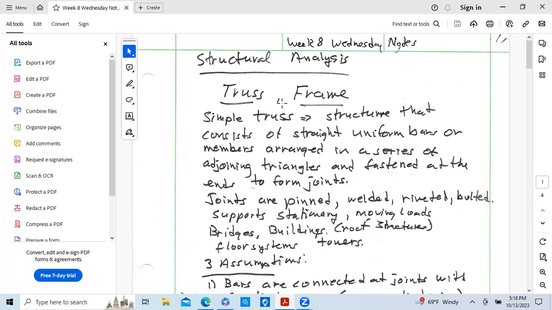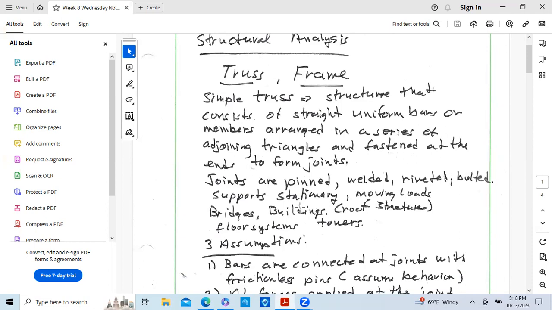The joints can be pinned, welded, riveted, bolted in the field. In the analysis, we just assume they're frictionless pins. There are other things that can happen with these types of connections, so we assume frictionless pins, which doesn't affect anything in terms of determining the forces and the design that we could take a look at.